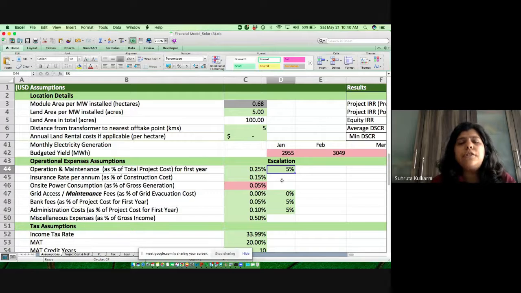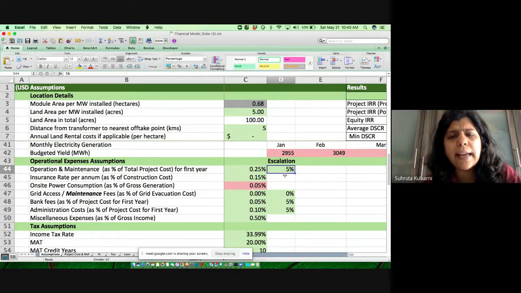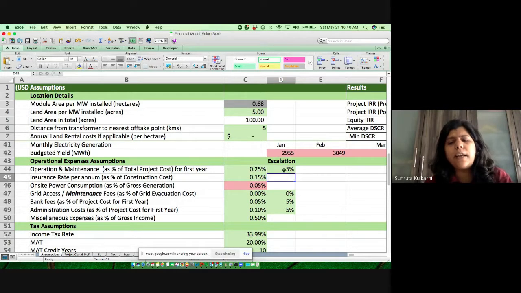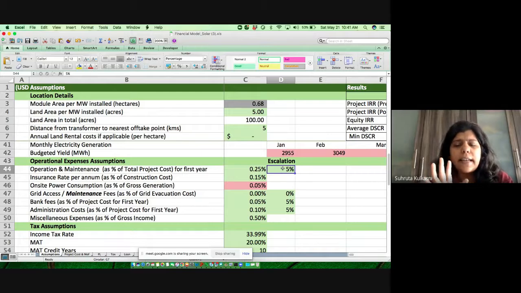From an internal perspective, it is better to take this on a higher level. But when you're going to an investor or to a lender, you don't want to show very high expenses. There you can take something which is accepted by the industry.